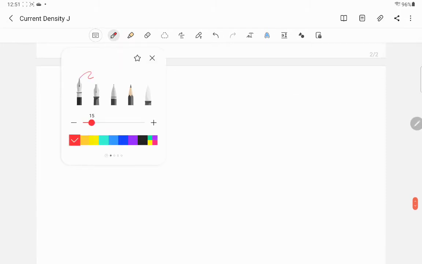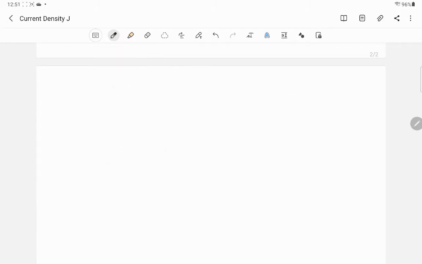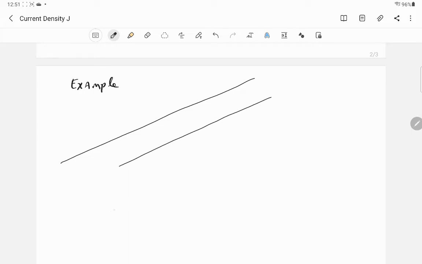So here's an example. So imagine that I have a wire. All right. And the wire actually has a cross section that is a square.